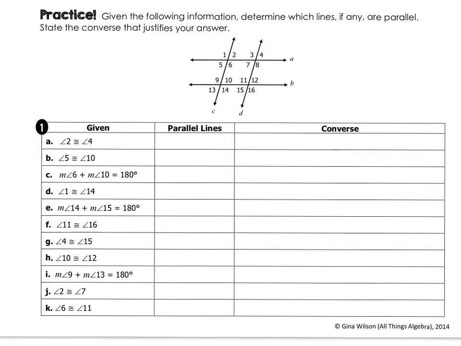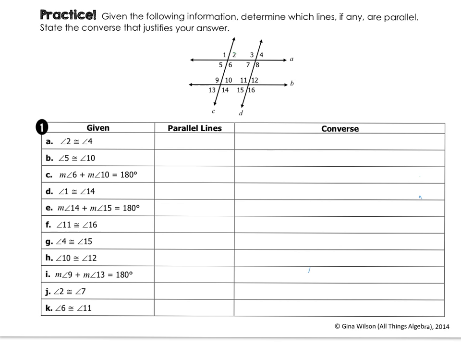Let's look at this. Here I have this diagram, and I'm asked to determine which lines are parallel and by what converse. So for number 1, I'm given angle 2 and angle 4 are congruent.